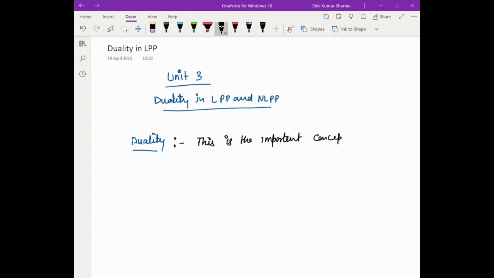Important concept of linear programming problem.